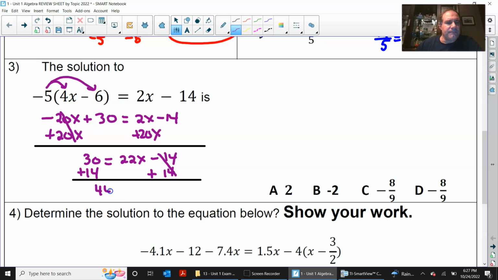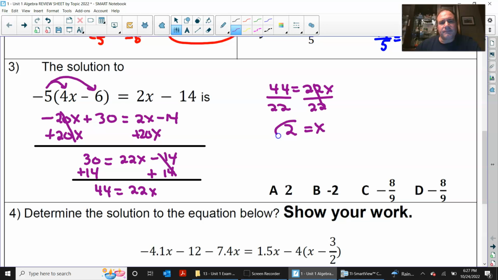You have 44 equals 22x. I'm going to rewrite 44 equals 22x, and then the last step, I'm going to divide by 22. And you have x equals 2 as your answer. So A is your answer for that one.